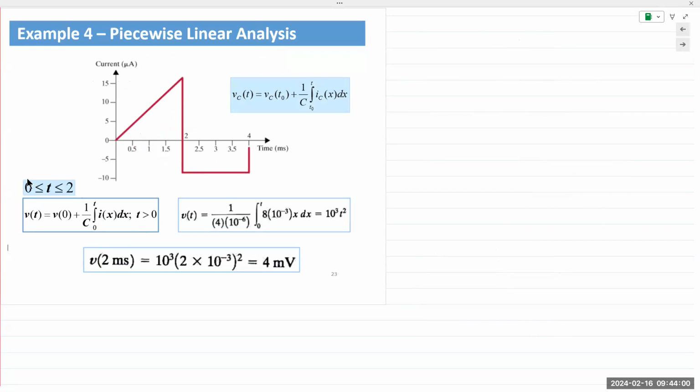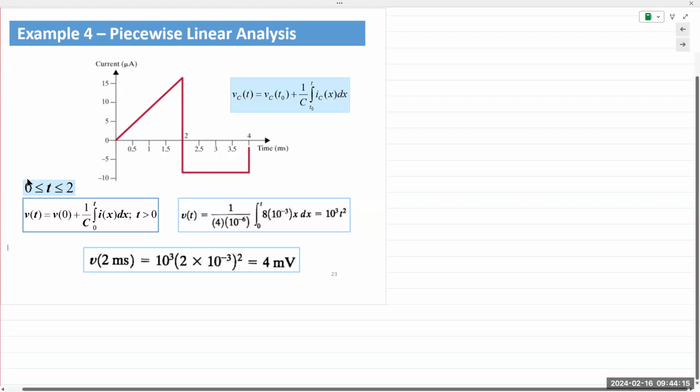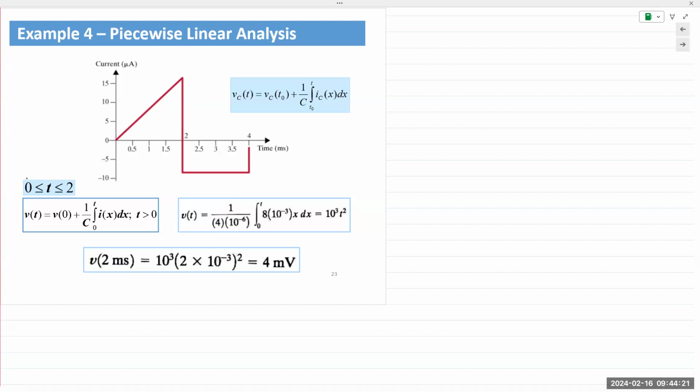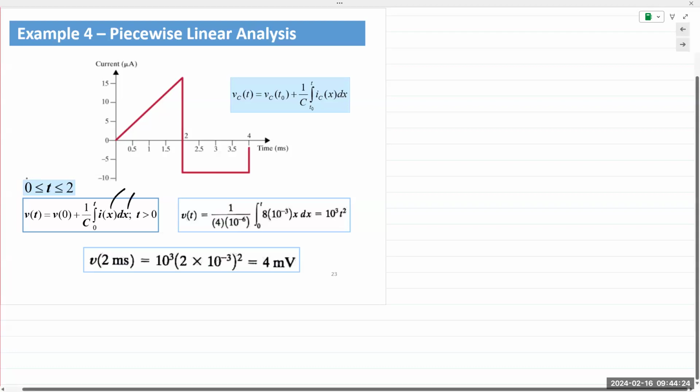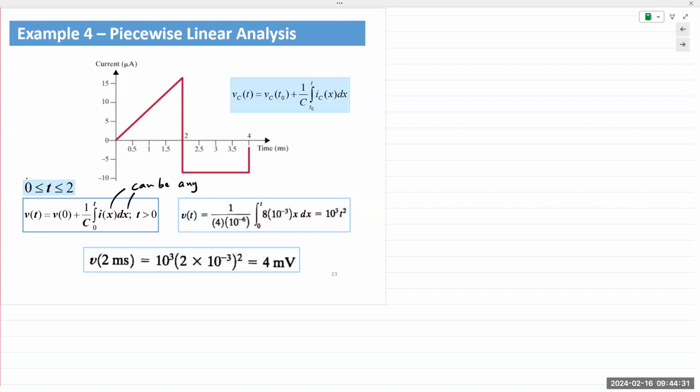Since we want to find the value as a function of time, I'm going to change the limits of the integral to 0 to T. And since I did that, I'm going to change the variable to X. It can be anything: A, B, C, D, X, Y, Z. X seems to be the most common, so I just use Ix times dx.